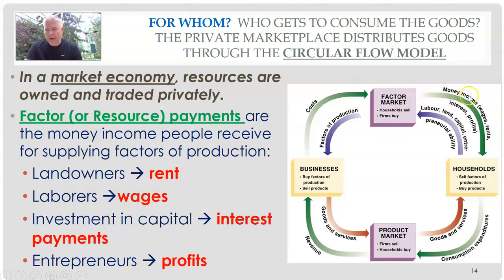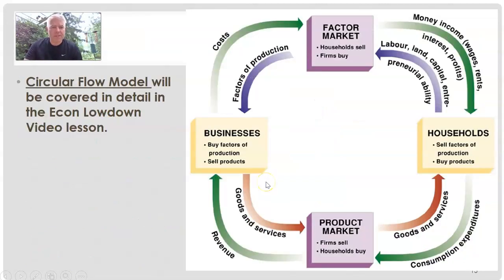And if you follow the model around the outside ring here, we take that money income and then we will spend it in the product market on the things we want. So the goods and services we want come back to us. Now there's another whole side to the circular flow model, and that of course is the business. Businesses will have to buy those resources in the factor market that the households are selling.